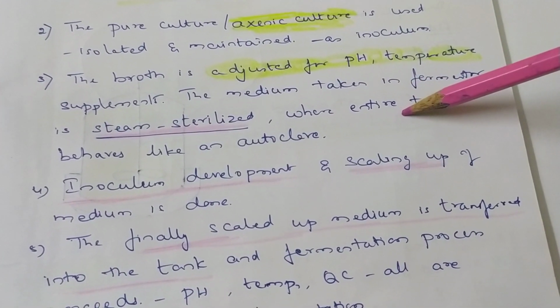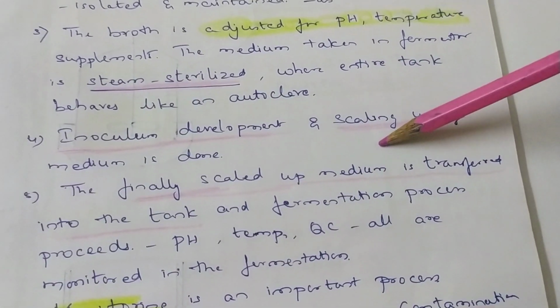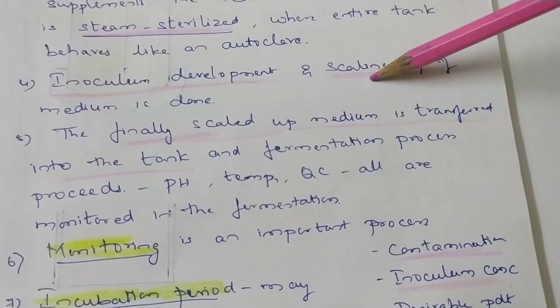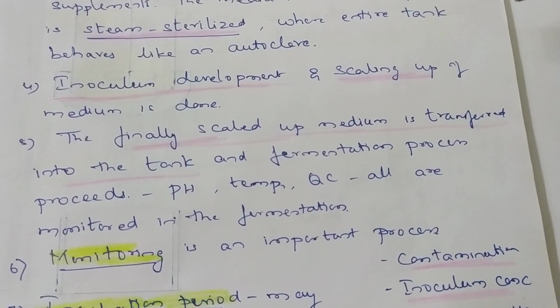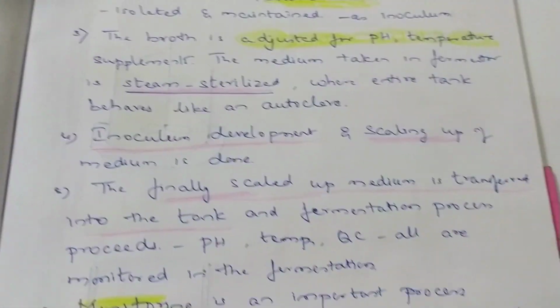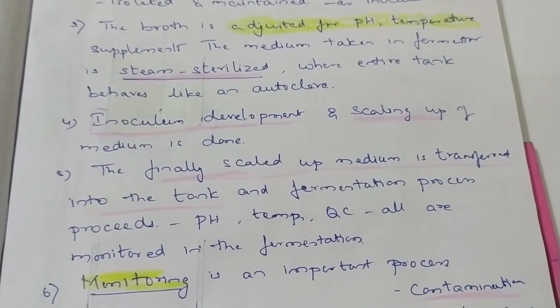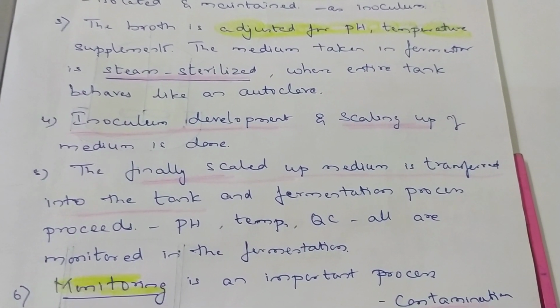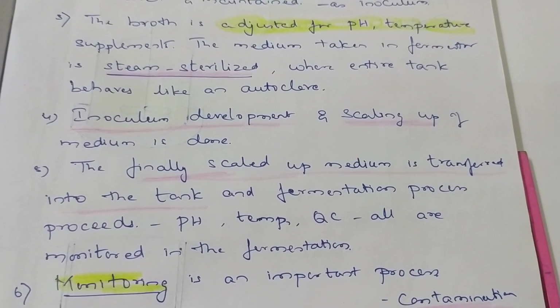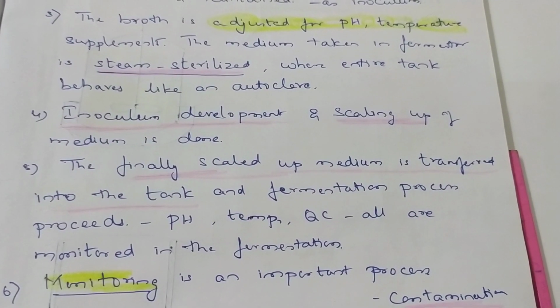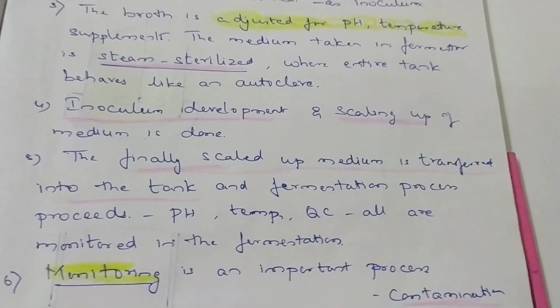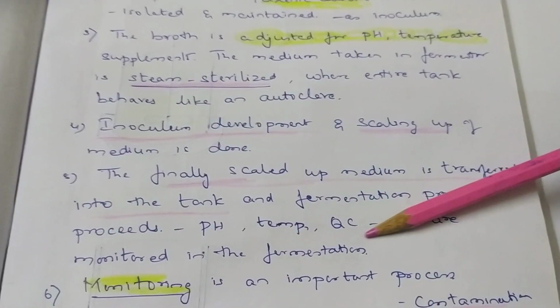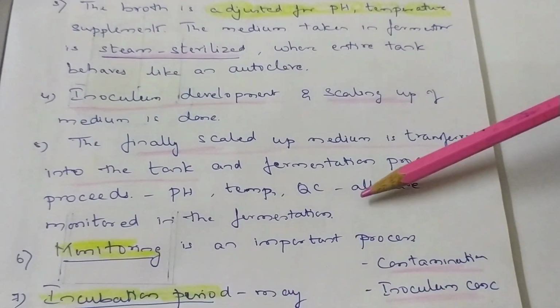The inoculum development and scaling up is a very important part with the crude media. The final scaling up is very important so that it will go to the main bioreactors for production. At every point of time, there is a requirement of monitoring the pH, temperature, and quality control, and all that happens at every step.